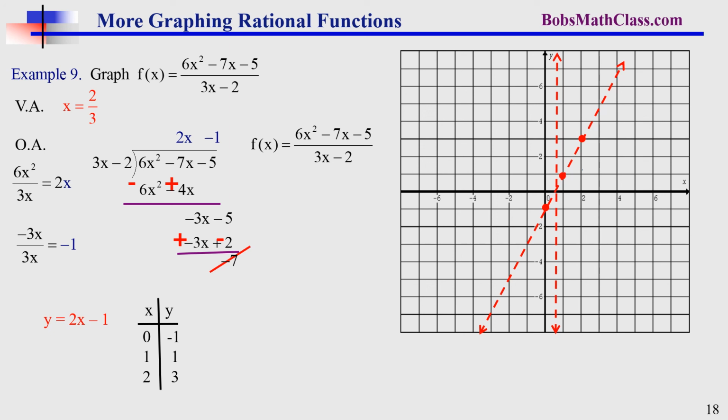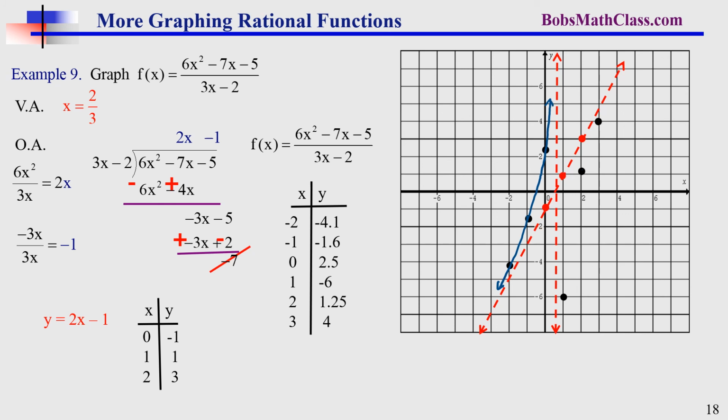So to the left of 2/3, 0, -1, -2. To the right of 2/3, how about 1, 2, and 3? Plug that into your calculator, get the points. Plot those points. And now you can see where the graph is. Just got to do some connecting the dots. Don't cross the vertical asymptote.